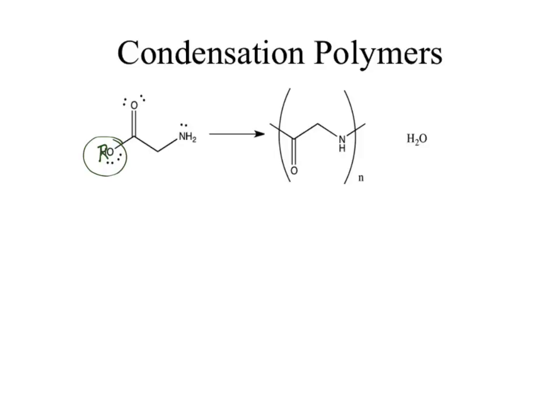Yeah, that could work. What else could we do? Same idea. Could you run it under acidic conditions? Run it, make it an acid chloride. Now I don't have the acid functionality, and I have a much better electrophile.